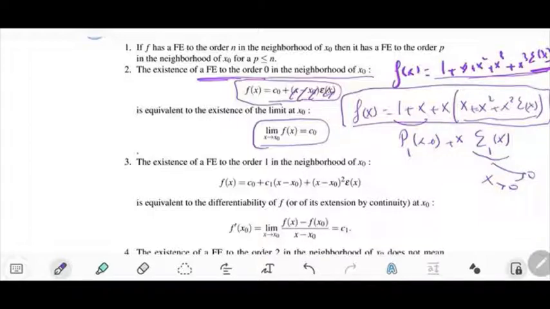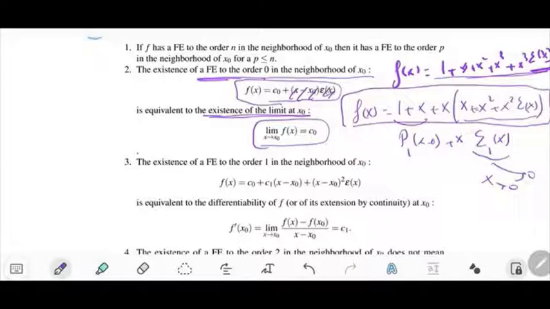So the first term that you have in here, the constant term, is the limit of f as x tends to x0. So if you have a finite expansion to the order 0, it means that the limit exists at x0 and it's equal to c0. And of course, if this limit is equal to f of x0, it means that the function is continuous.